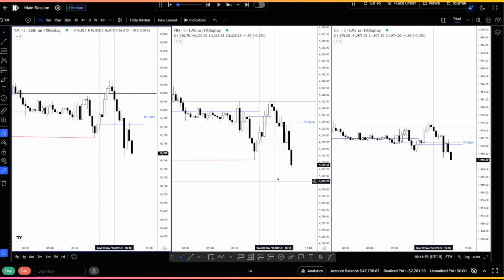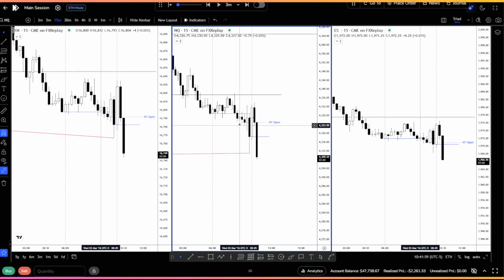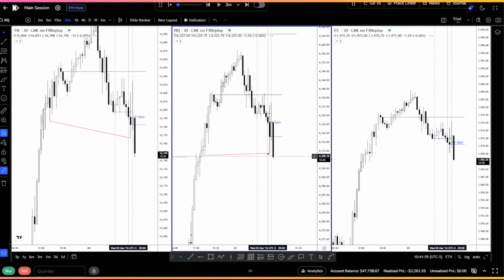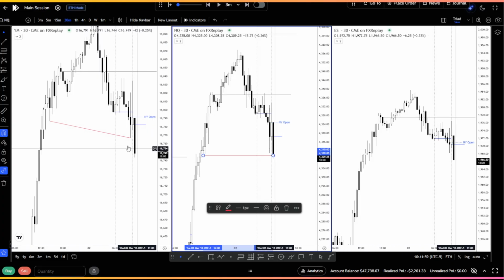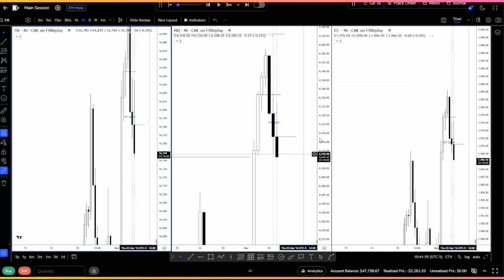Yeah. Why? What happened here? It gave the CSD and then again started ripping lower. And now I guess there is no SMT anymore, so this idea is up in the bin.